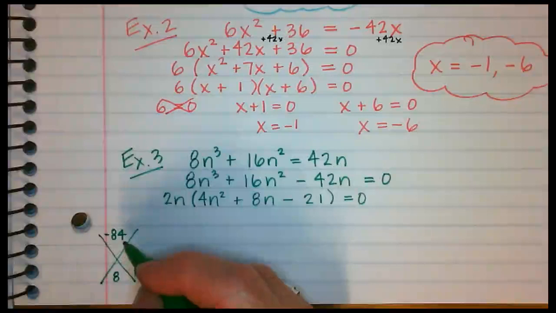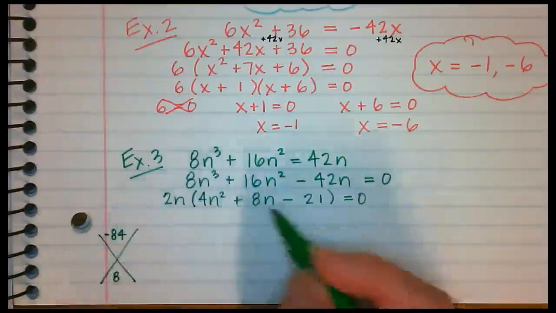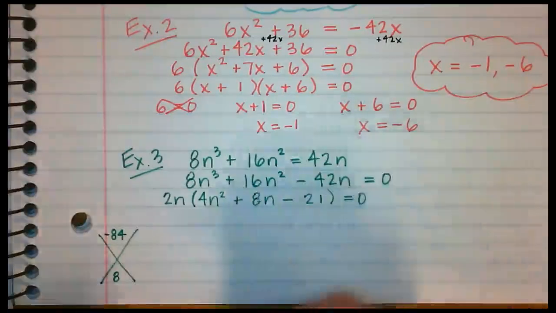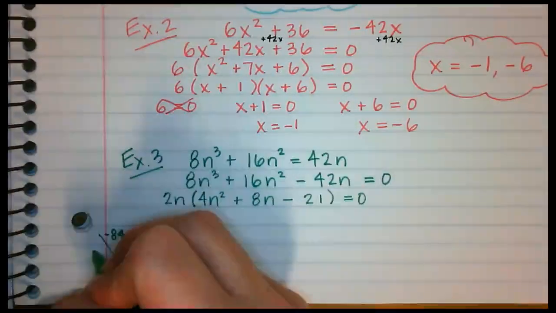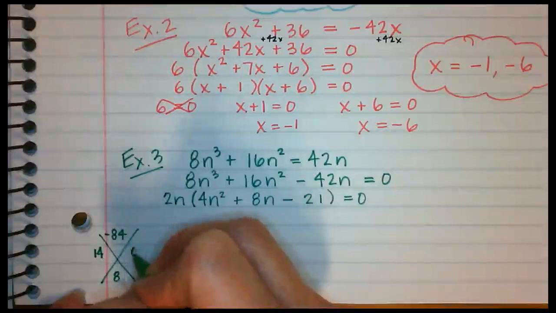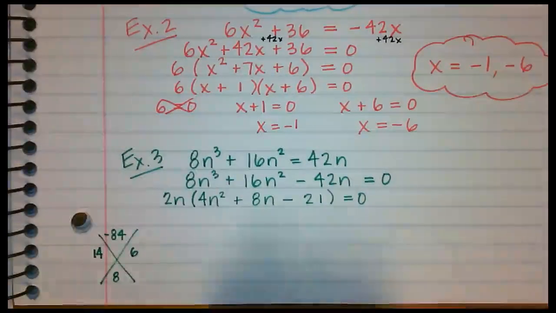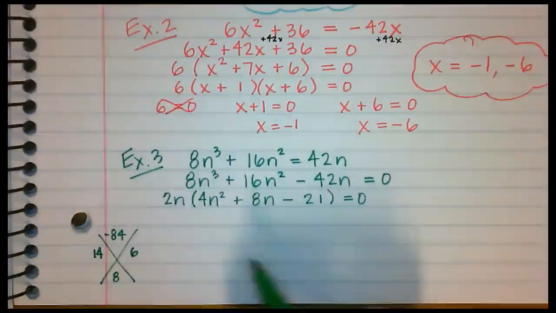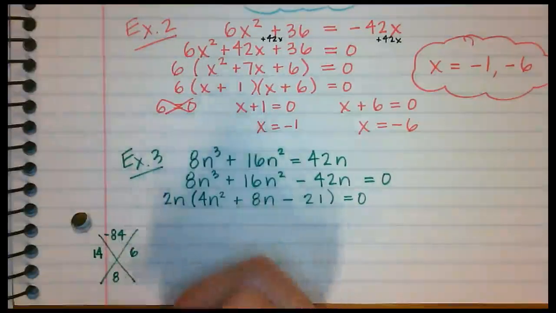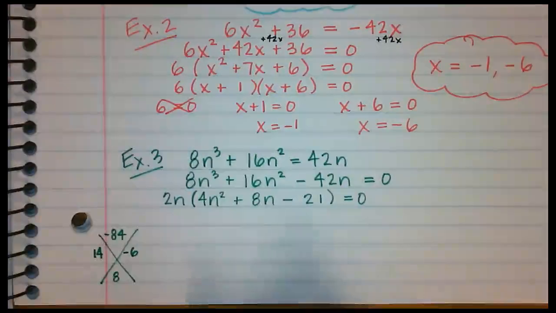And I know 7 and 12 would give me 84, but that's not going to give me the 8. So I need to think a little bit deeper. But I happen to know that 14 and 6, if I multiply 14 and 6 together, I'll get 84. Now, in order to get a negative 84 but a positive 8, it's going to be a negative 6.